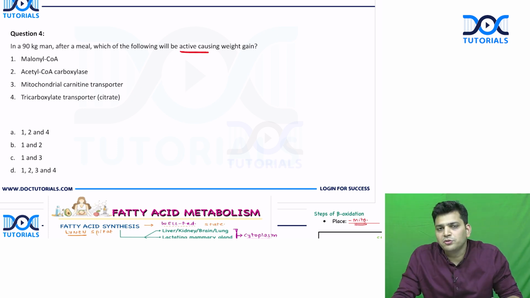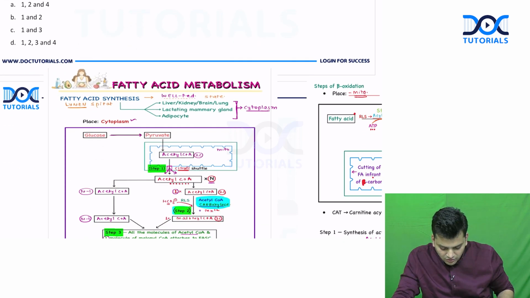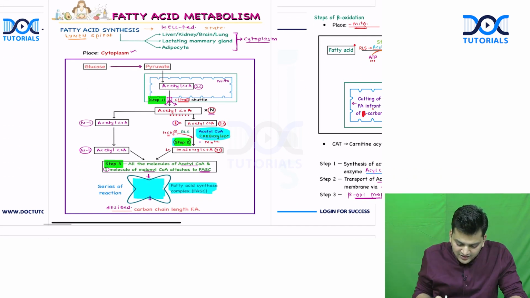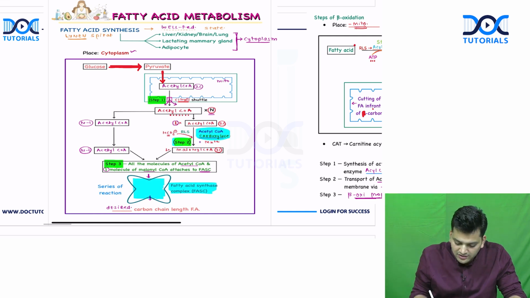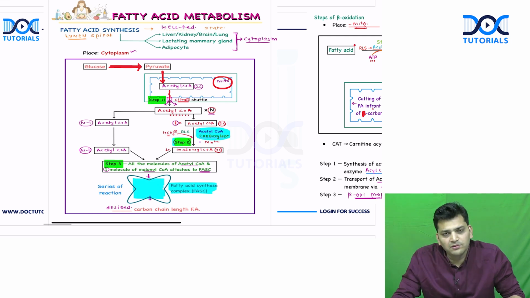Now first let me show you how fatty acid synthesis happens and how we do the breakdown. When it comes to fatty acid synthesis, whatever extra glucose that we are having, we convert into pyruvate. Pyruvate converts into acetyl-CoA in the mitochondria. If you want to make a fatty acid, that is a carbon chain with acid, you require acetyl-CoA. And right now the acetyl-CoA is in the mitochondria. So we need to bring out the acetyl-CoA with the help of the citrate shuttle.